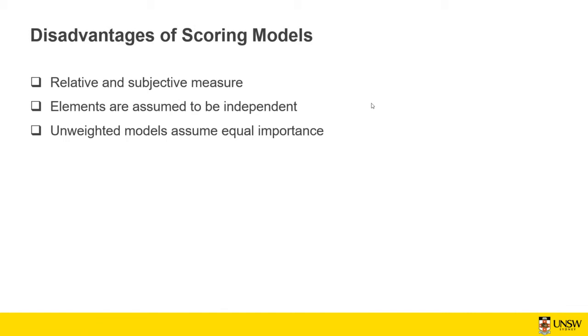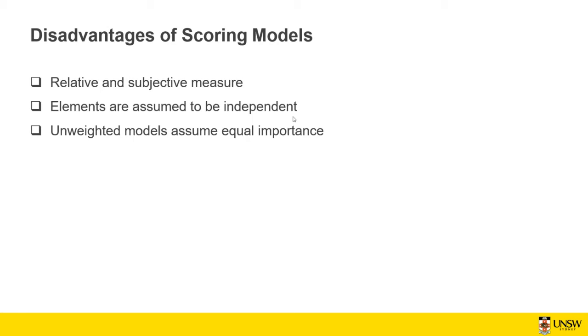The disadvantages of a scoring model are that it is relative and subjective, as I mentioned, but you can ask a few people in order to reduce the subjectivity. Also, elements are assumed to be independent. This is very important, because some factors and elements may affect the other elements.